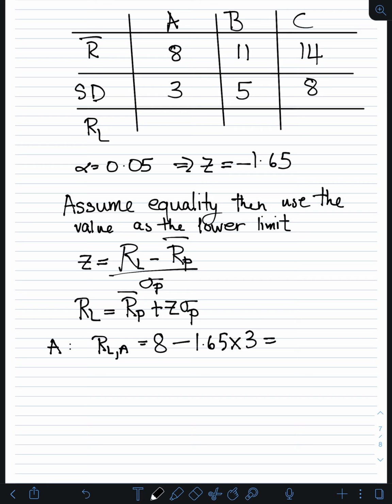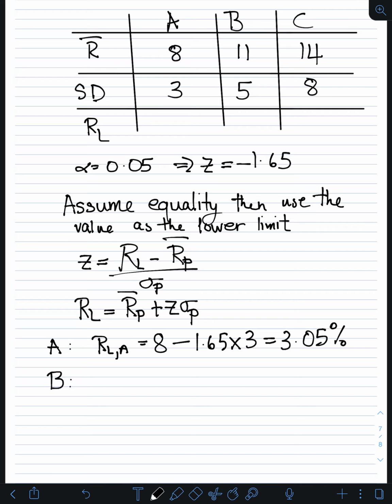And that gives us a lower bound return of 3.05. Based on that 5% probability, the lowest return we can get at that probability range is 3.05. That's the lower bound return.